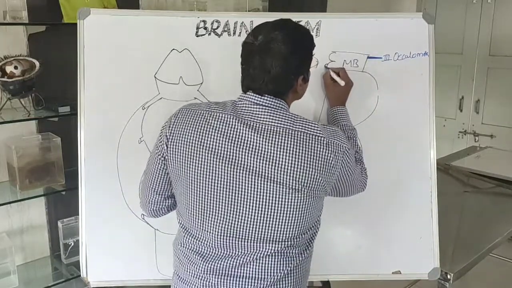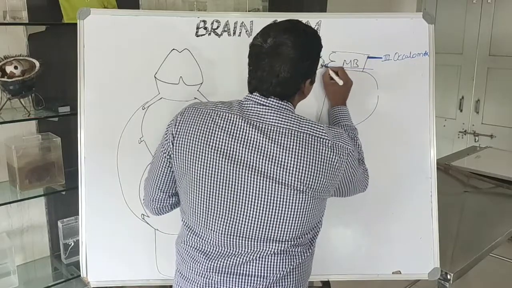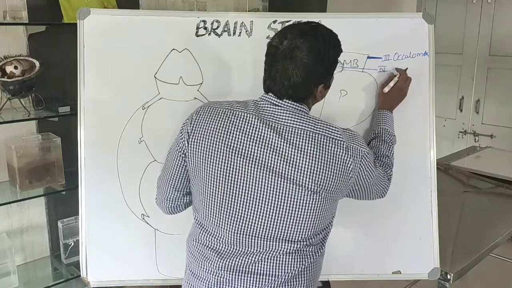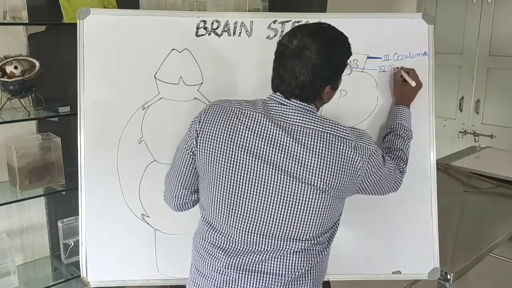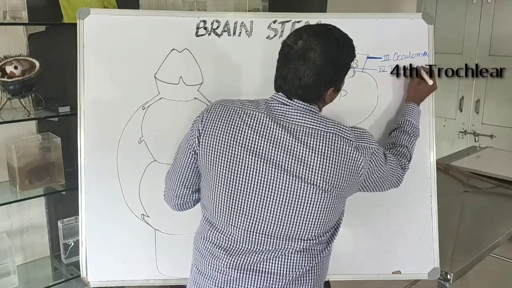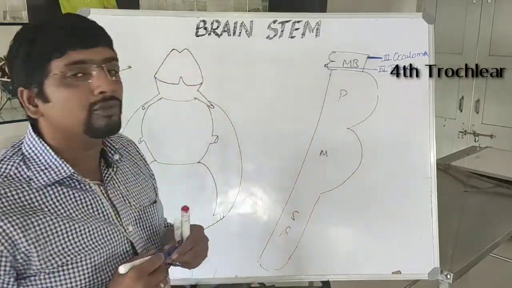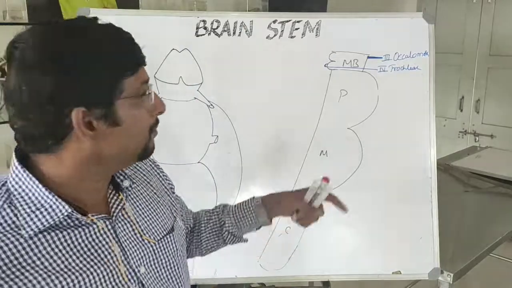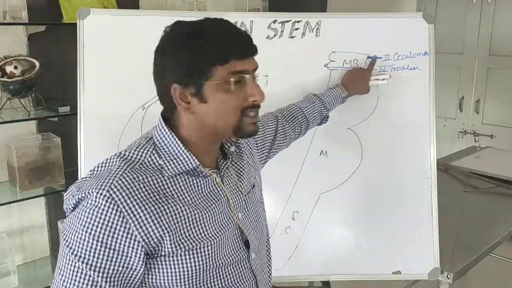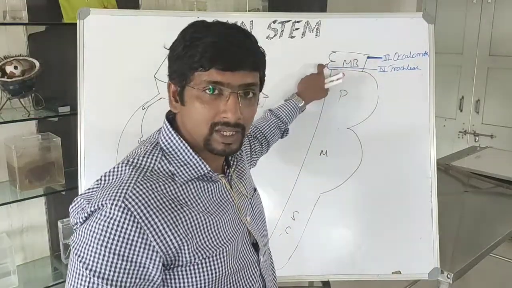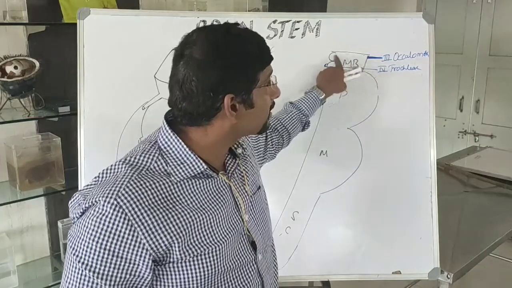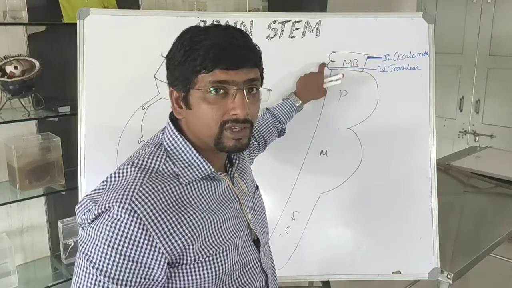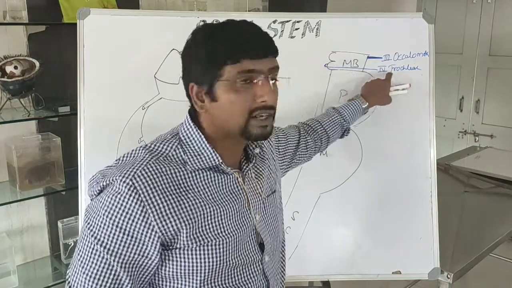This is the fourth cranial nerve, the trochlear. The third and fourth cranial nerves are related with the brainstem. One arises on the anterior side, one on the posterior side. One will be at the level of the superior colliculus, another at the level of the inferior colliculus.